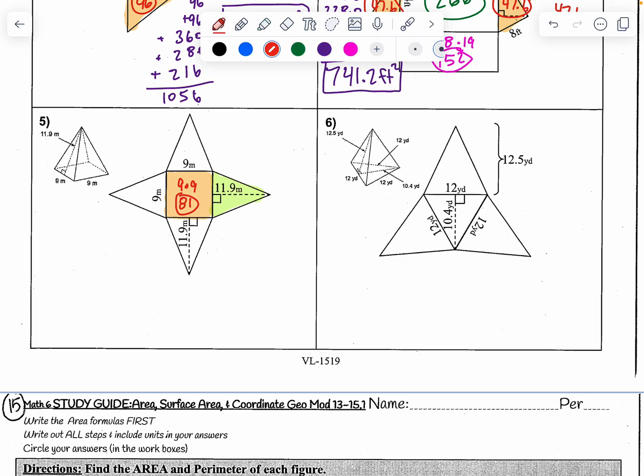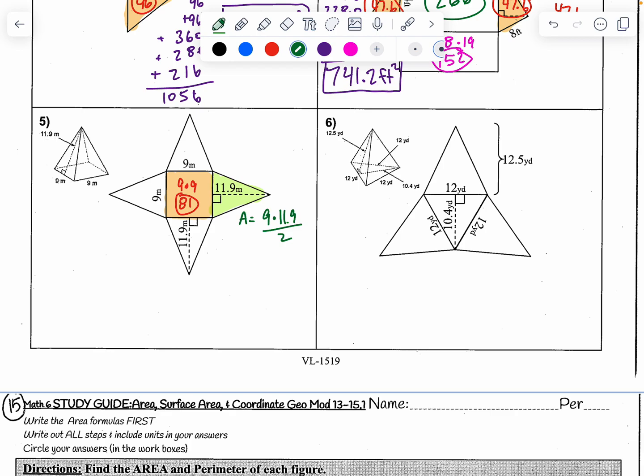All right, so for these, it's going to be base, which is 9, times height, which is 11.9. And, of course, divide by 2 because it is a triangle. Ooh, there's going to be some yucky number because it's got decimals.